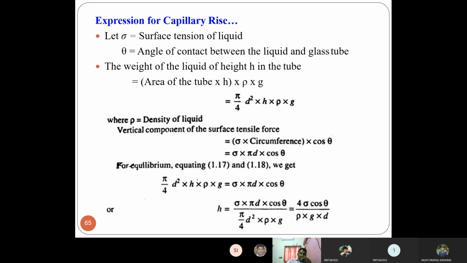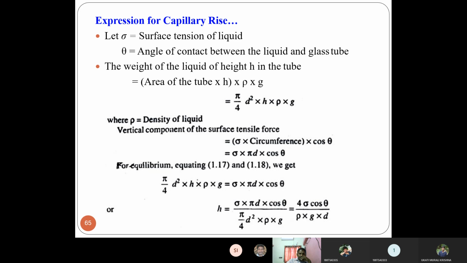Surface tension is just like a stress. Understand? Surface tension is equal to force by length. The vertical component of the tensile force is asked, that is why surface tension into circumferential length, pi d cos theta.